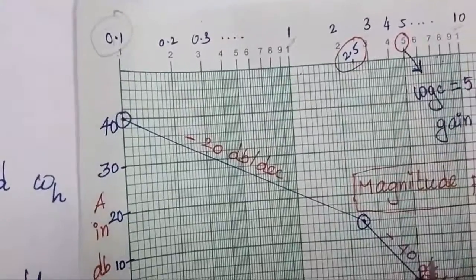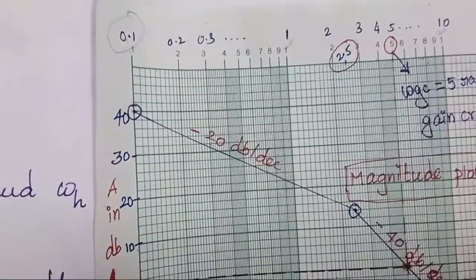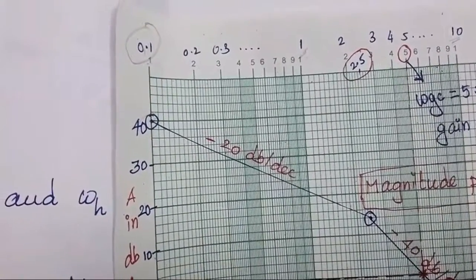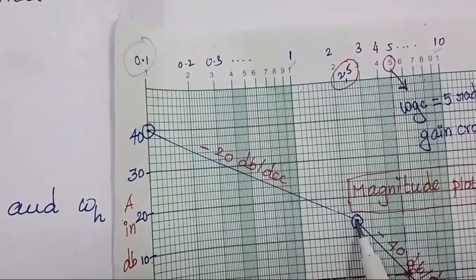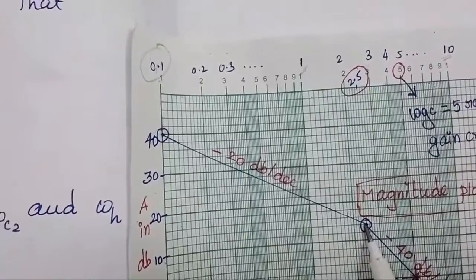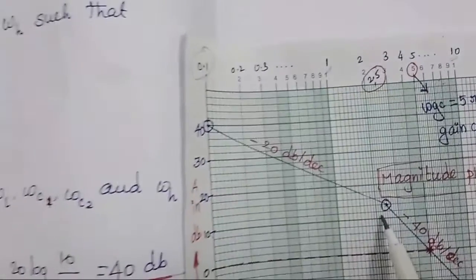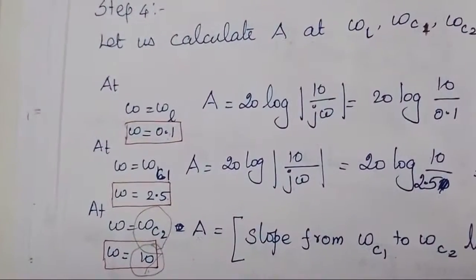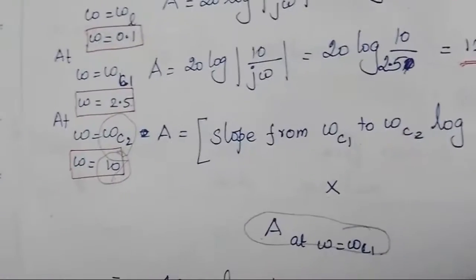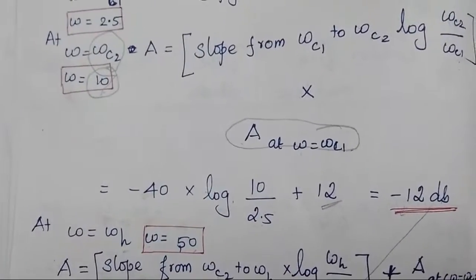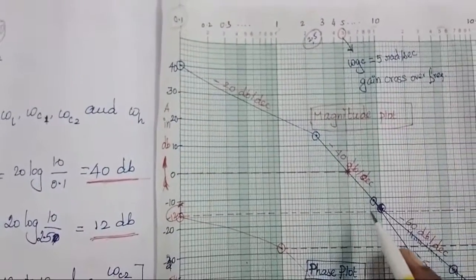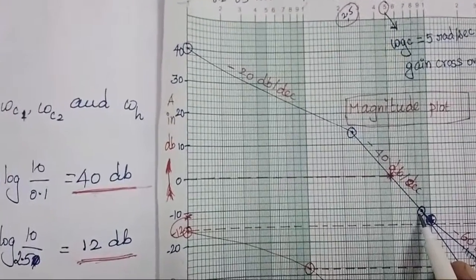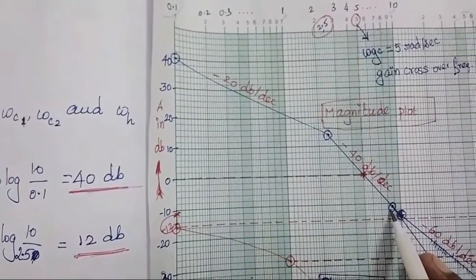So omega value 2.5 and positive 12 for the gain value. Then the third value, 10 and minus 12 dB. So 10 here and minus 12 value here.